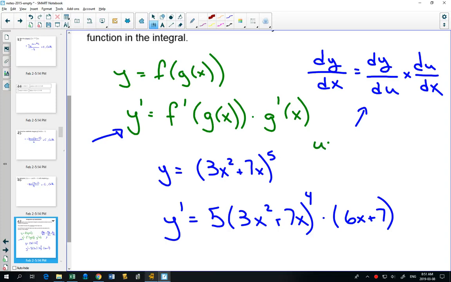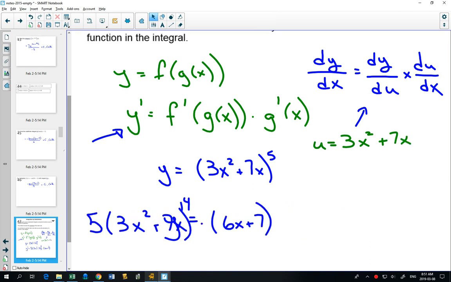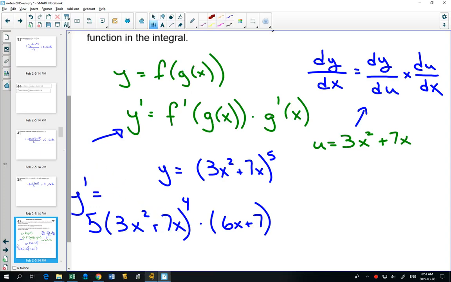The method that sucked a little bit said, change the inside function to u equals 3x squared plus 7x. Then your original function becomes y equals u to the 5. Can you see that?